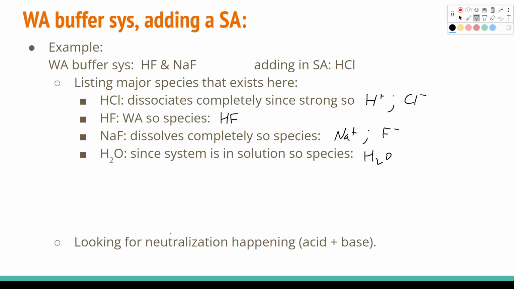So when you're adding a strong acid without a buffer, the pH would change significantly. So the pH would drop, because if you have a low pH, the lower, the more acidic. And so we're trying to compensate for that. And so the buffer's components are the ones that should be neutralizing this acid.